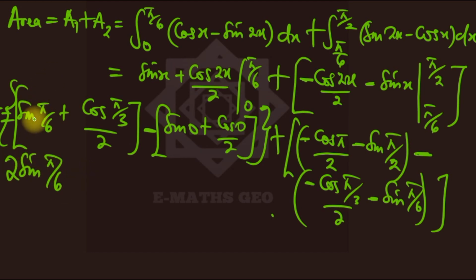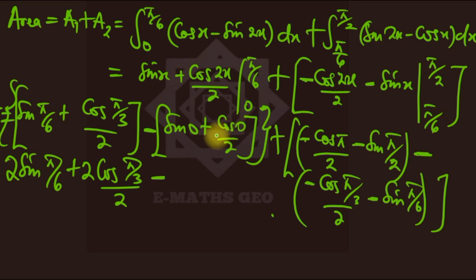So we are done with pi over 6. Coming here, we have cos pi over 3 over 2. Is there any other one? Okay, minus times minus is plus, so we have plus 2 cos pi over 3 over 2. So we are done with that. We have minus sine 0 is 0, minus cos 0.